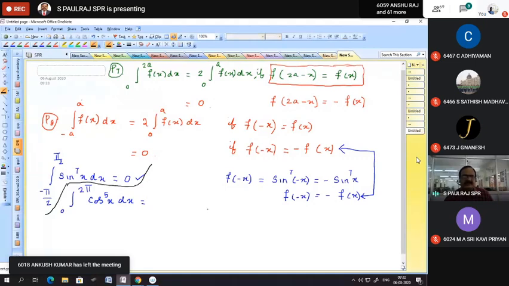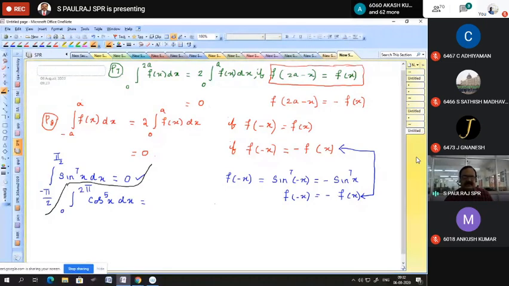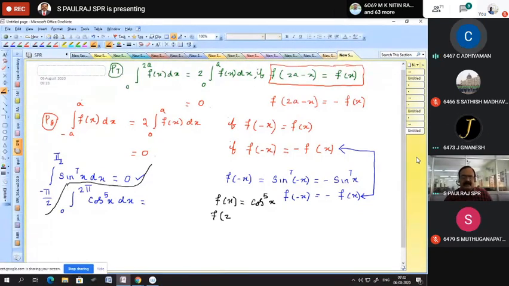This is f of x: f of x equals cos power 5 x. Now we have to find f of 2 pi minus x. What is f of 2 pi minus x?